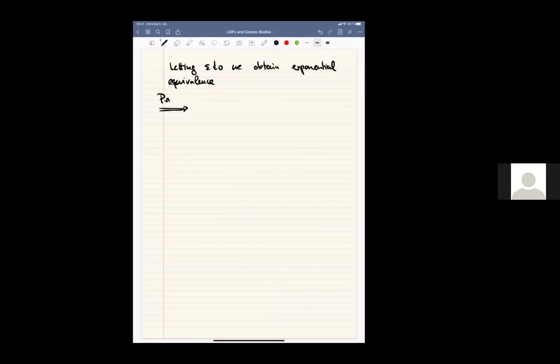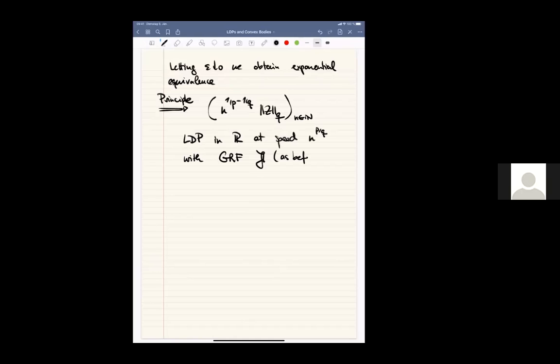So principle 3 tells us that n to the 1 over p minus 1 over q times the p norm satisfies an LDP in R at a slower speed, n to the p over q, with good rate function j. You remember j? j is the same as before. This was the one we got for the normalized q norm.